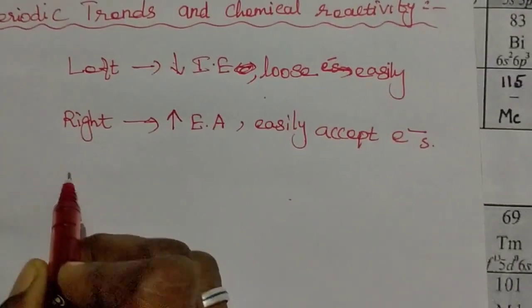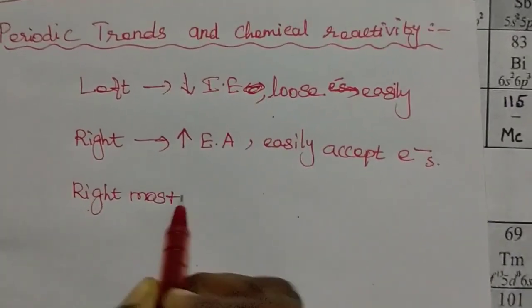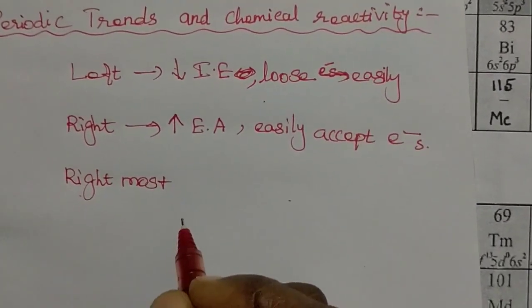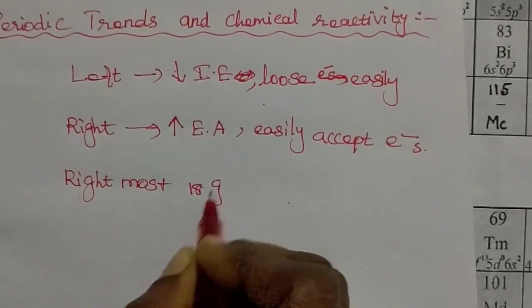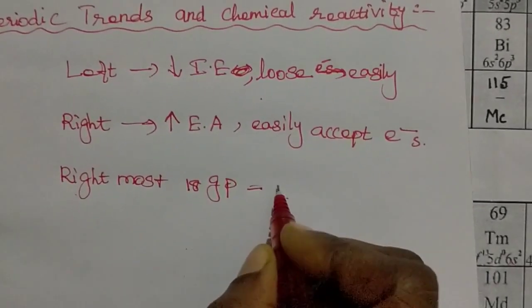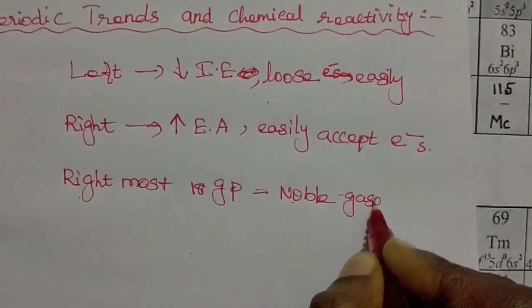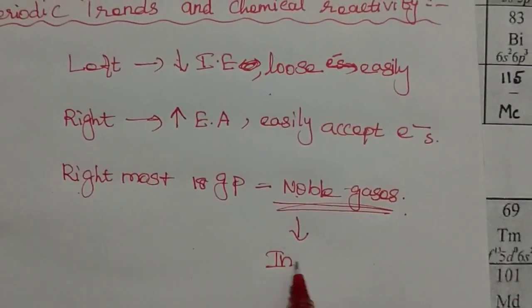And moving to the rightmost end, the elements arranged in the 18th group are generally called noble gases.